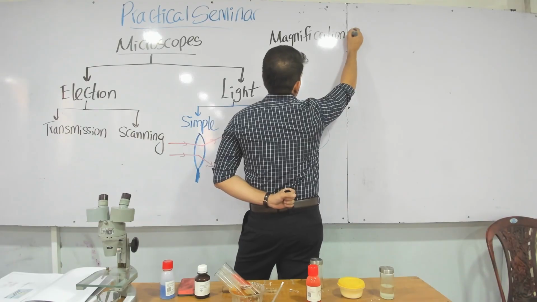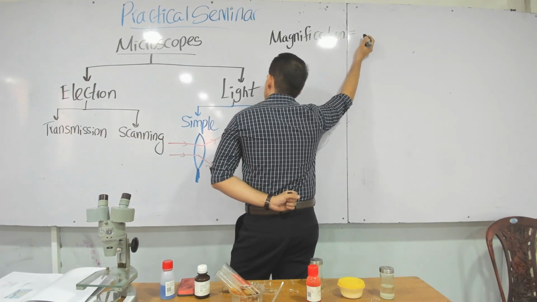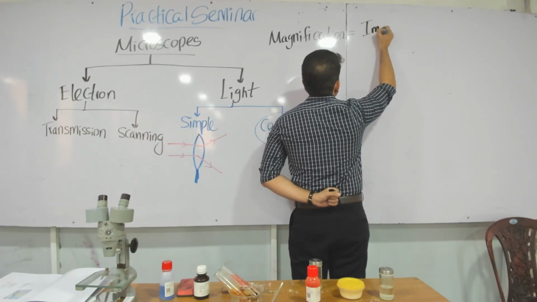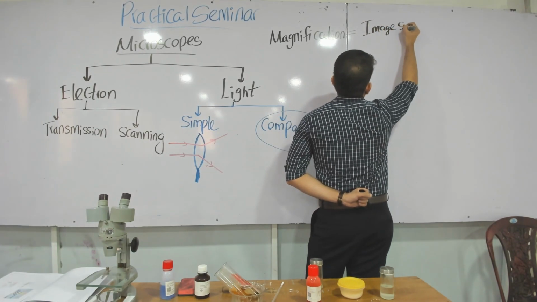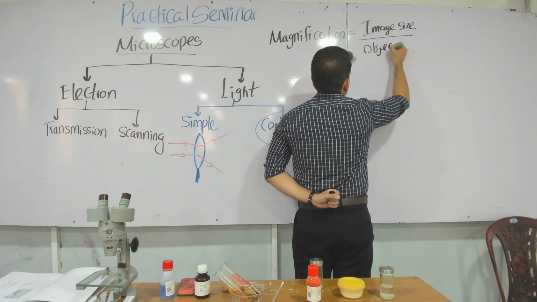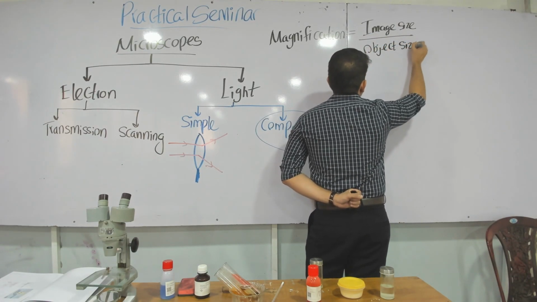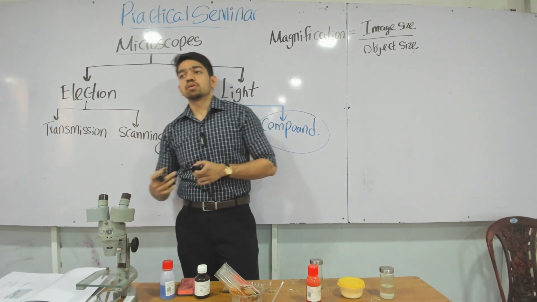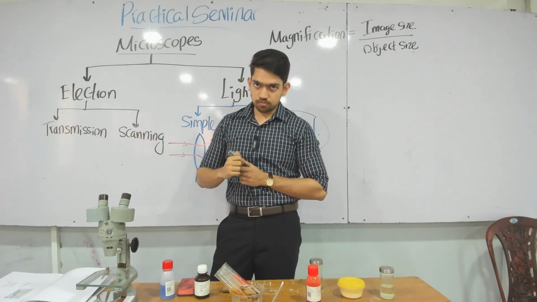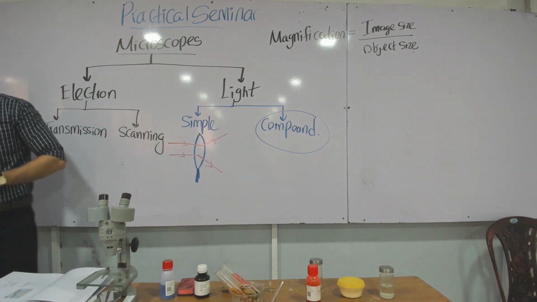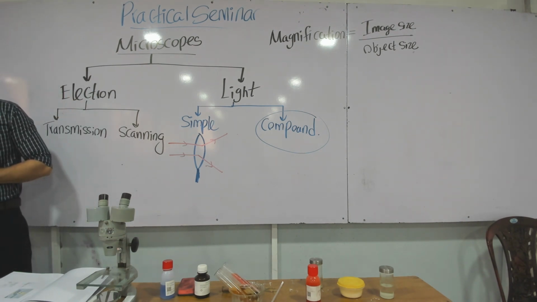Magnification is the ratio of the image size to the object size. You can divide the image size by the real object size, and you can get how much bigger an image you can create using a certain microscope. Come to the resource, there's a definition there.